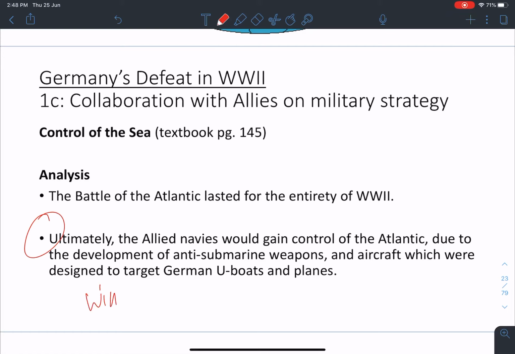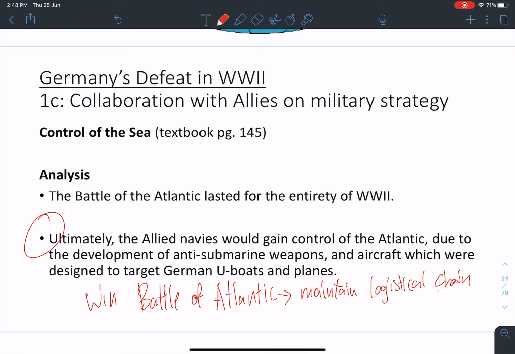So if I win the Battle of the Atlantic, it means that I maintain a logistical chain, which then creates a logistical advantage, which then allows the Allies to win.